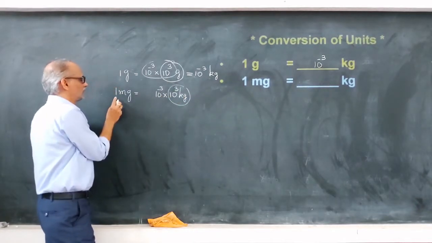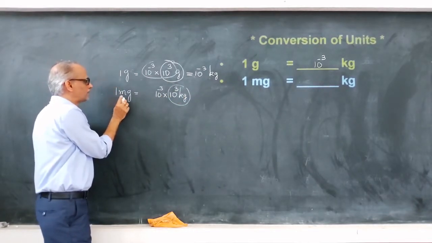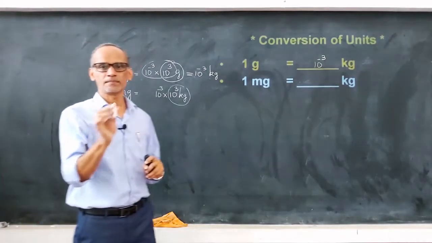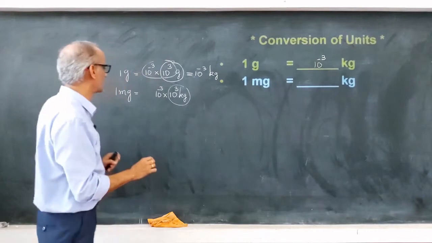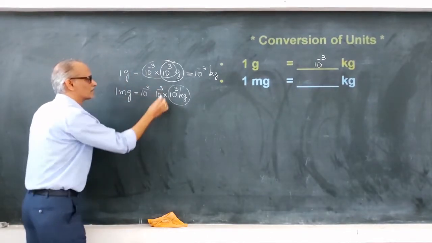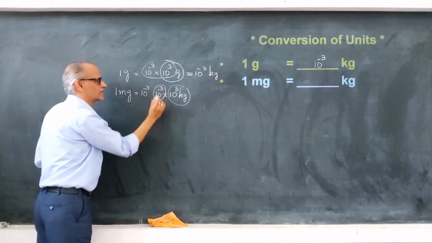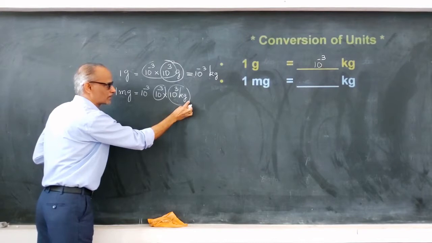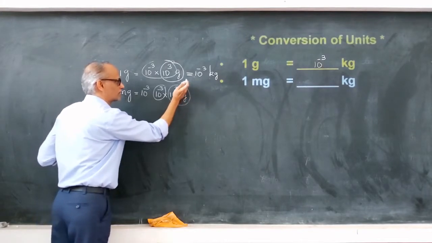But check this here. In the value, there is already 1 milli also there. What do you mean by milligram? Milli, what is the submultiple or the prefix used? It's 10 to the power minus 3. So from where does this come, 10 to the power minus 3? By modifying this number, correct? So to get kilogram, let me write this first.